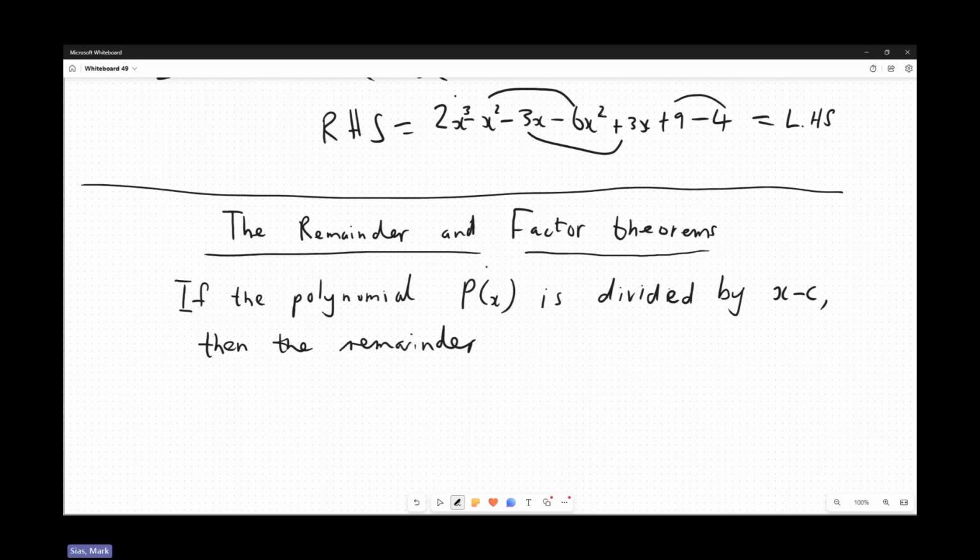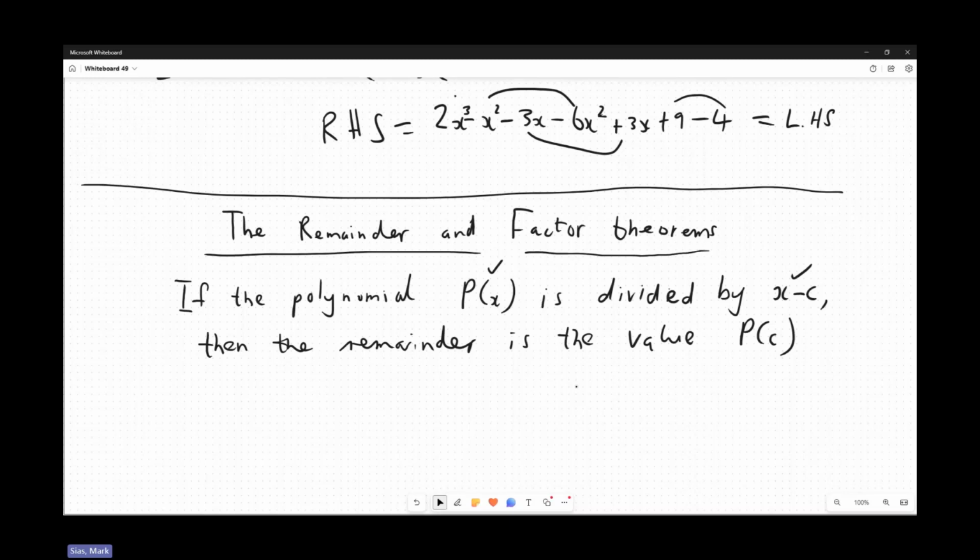This was the function that we had to divide into p of x, the dividend. So if that is divided by this divisor function, x minus c of degree 1, then the remainder is the value p of c.